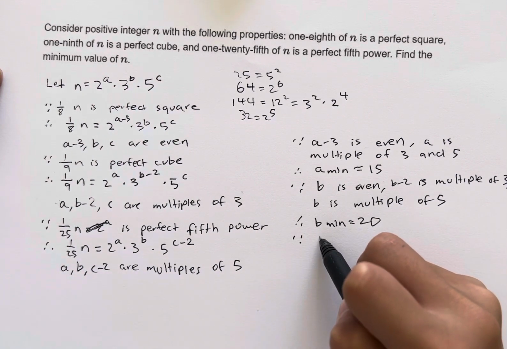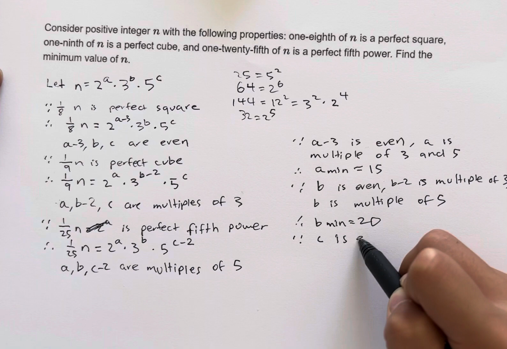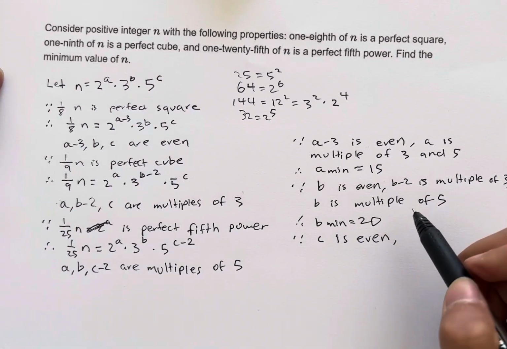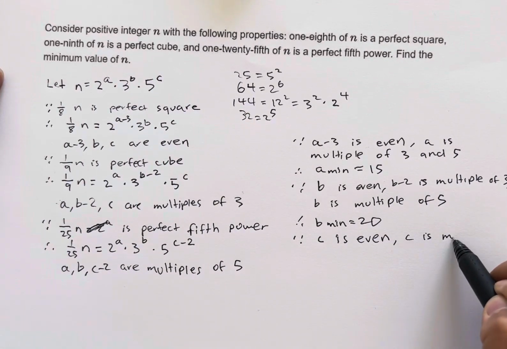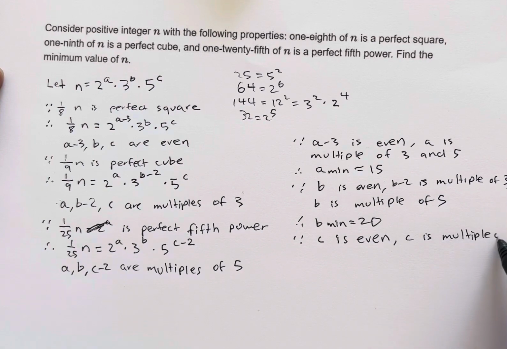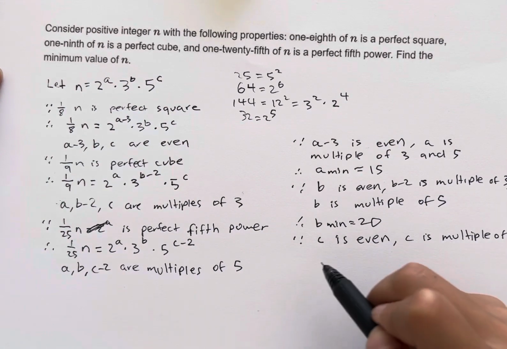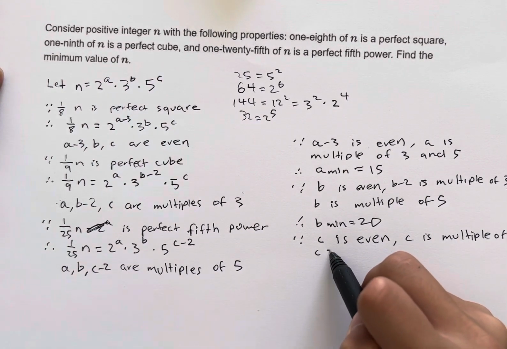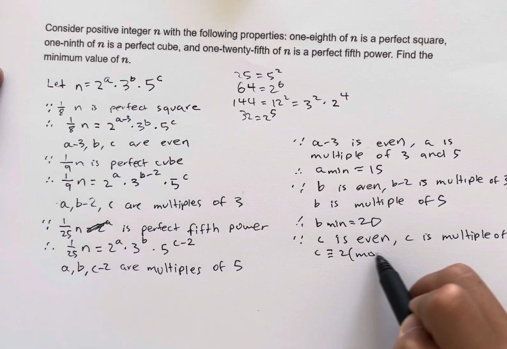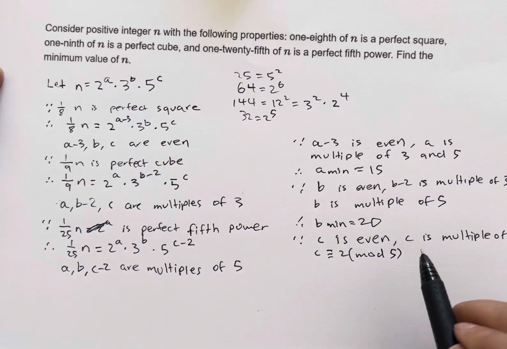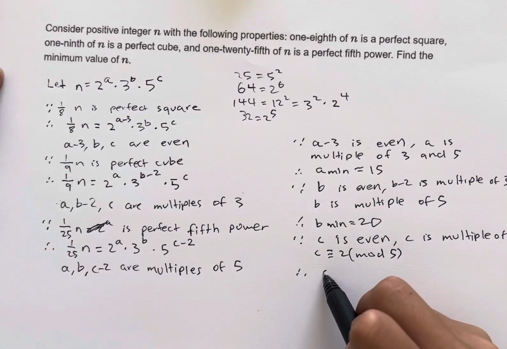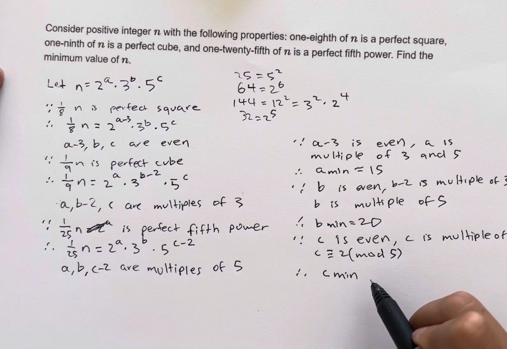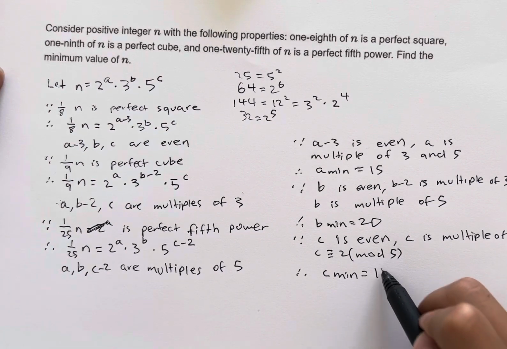Lastly, for c, since c is even, c is a multiple of 3, and c minus 2 is a multiple of 5, you can get that c will be congruent to 2 mod 5. So c minimum would be 12.